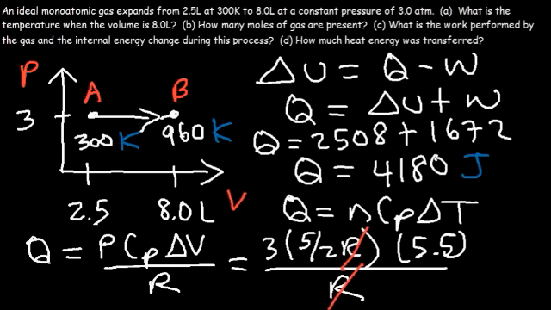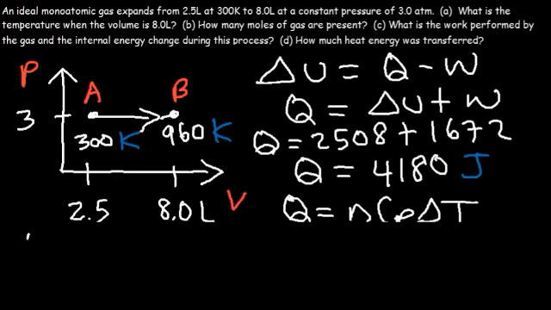So it's going to be 3 times 2.5, which is 5/2, times 5.5. Now, this answer is in liters times atm, because pressure was in atm and the volume was in liters. So we need to convert it. As of now, you should get 41.25 liters times atm.